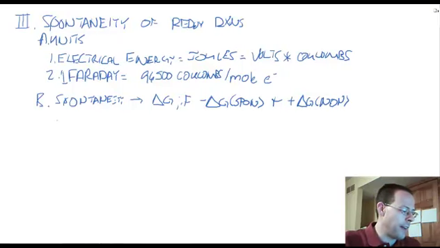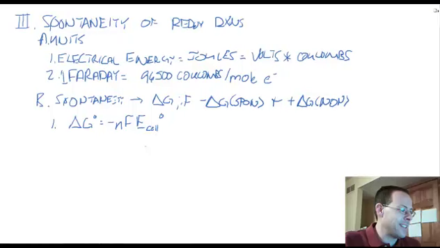Alright, with that, our relationship between G and E is this. Delta G naught, and the little naught just means standard conditions, equals negative n, which is number of moles, times Faraday's constant, which is 96,500 coulombs per mole, times E cell, which is what we were calculating yesterday, or in podcast 14.1.